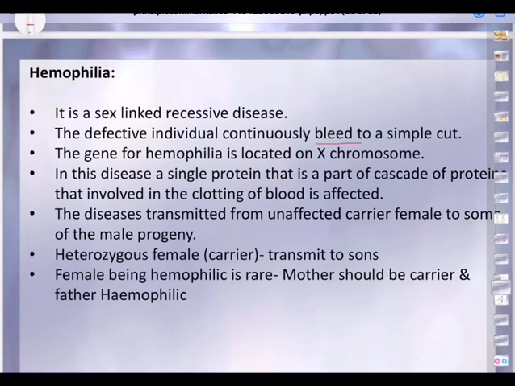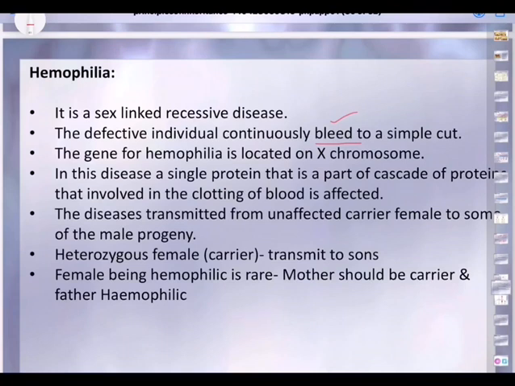Unfortunately, most of the time it is the men who suffer from this disease. Now what is this disease about? Hemophilia is a sex-linked recessive disease. The defective individual continuously bleeds. Blood will be coming out of the body even if there is a minor cut.